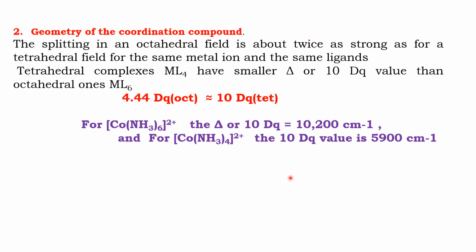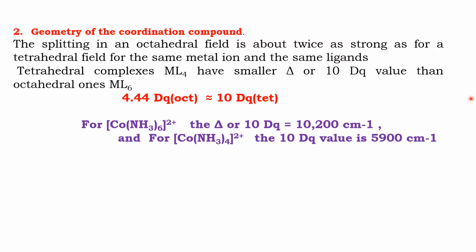For the octahedral complex, the 10Dq value is 10,200, while for the tetrahedral it is only 5,900. So comparing tetrahedral and octahedral complexes, the 10Dq value of the octahedral complex is greater than that of the tetrahedral complex.